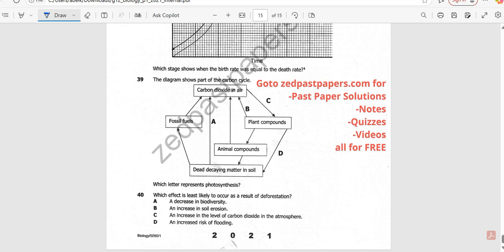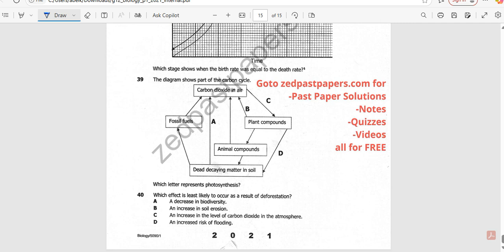So we want to talk about two types of process here: photosynthesis and respiration, where photosynthesis takes carbon dioxide from the atmosphere into the plant, while in respiration, when the plant respires and humans respire, they release carbon dioxide back into the atmosphere, as well as when dead decaying matter is decomposed, it releases carbon and nitrogen back into the atmosphere.